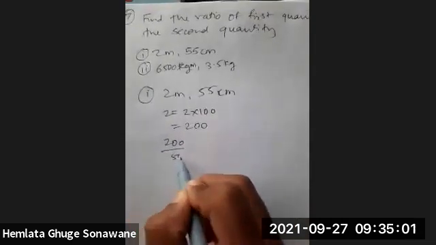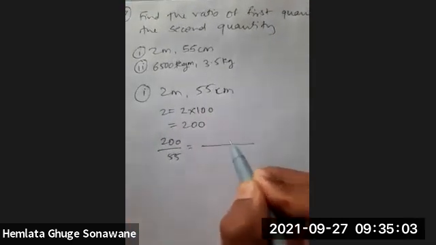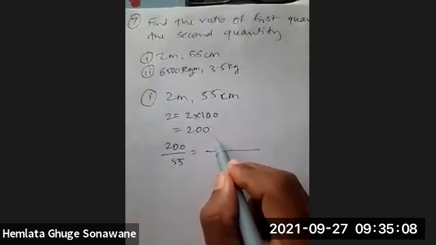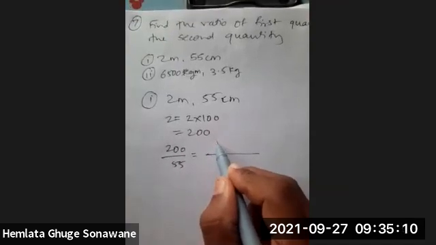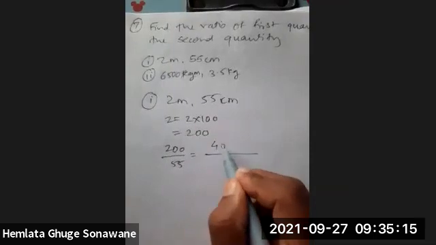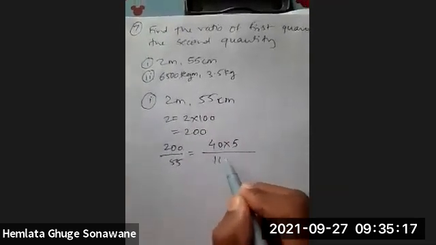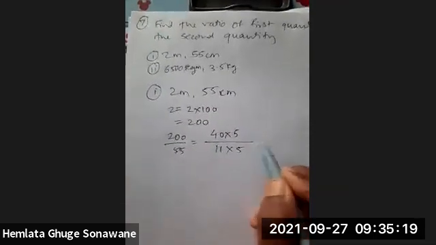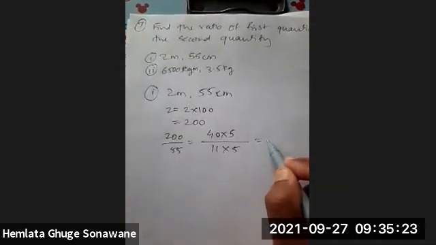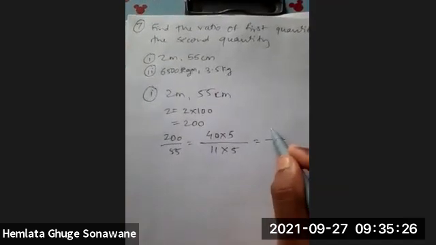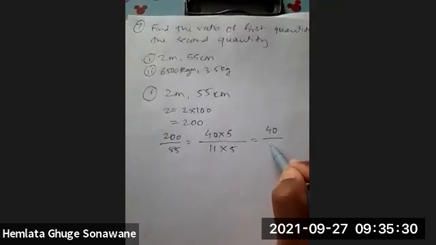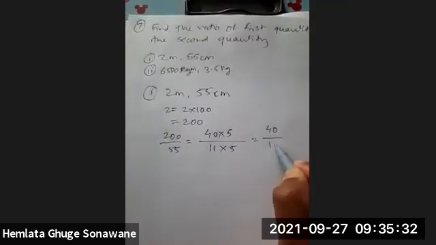Very good. 5 fours are 20, 5 elevens are 55. Cancelling, it becomes 40 upon 11.